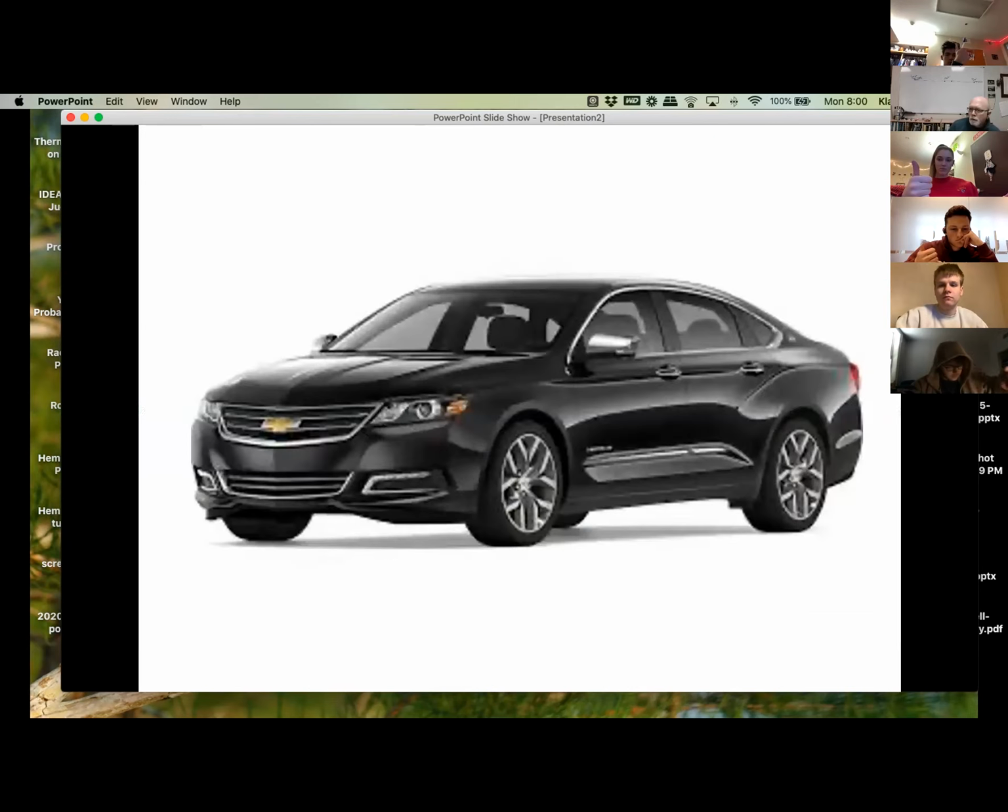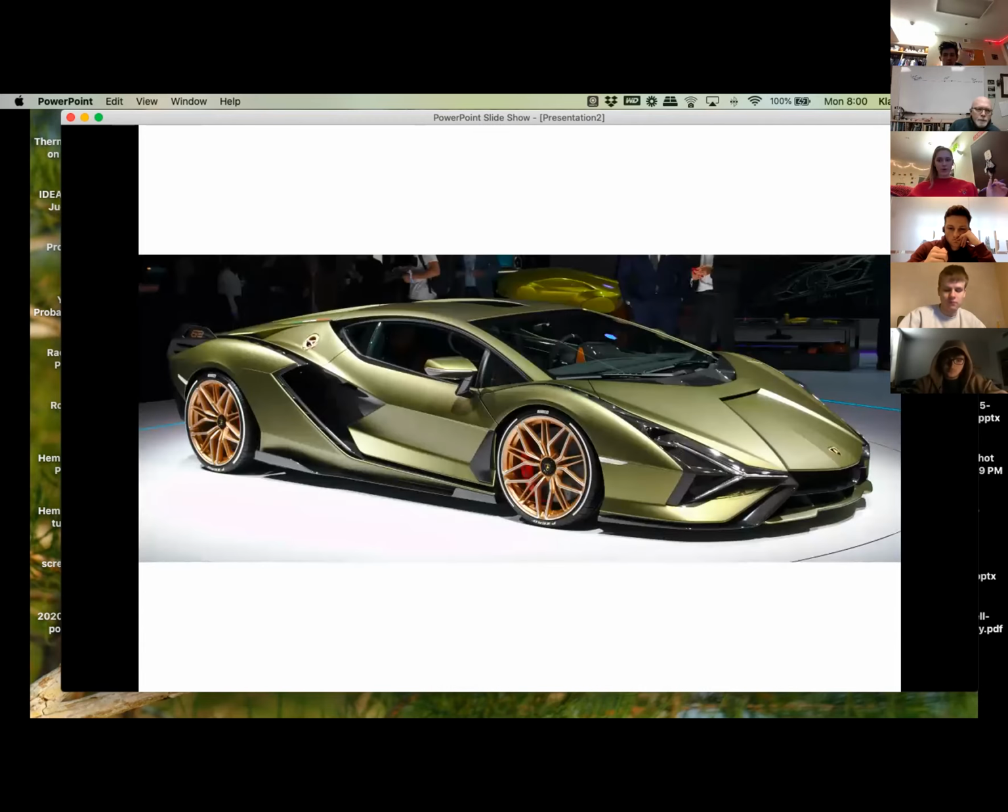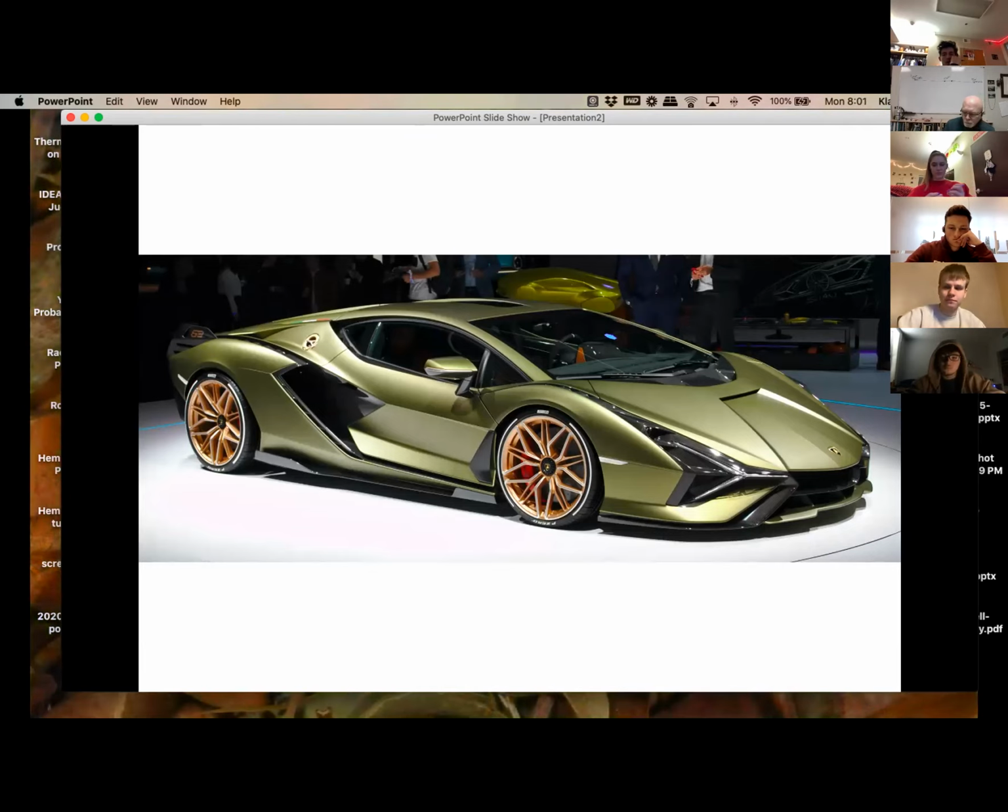Everybody done? This is a Chevy Impala. Everybody done? And this is a Lamborghini. All right, everybody complete.